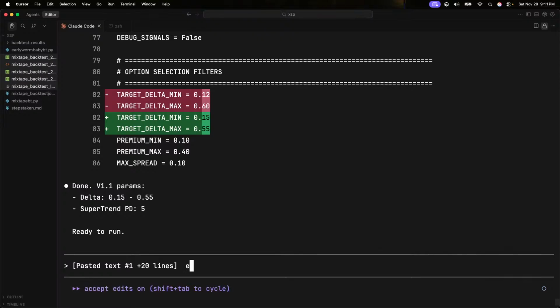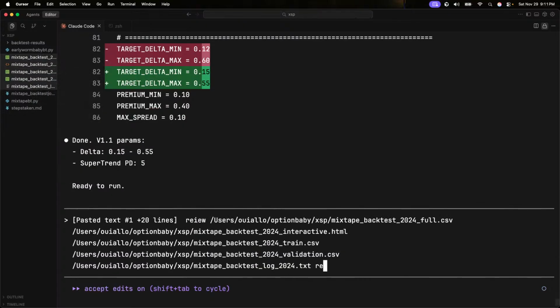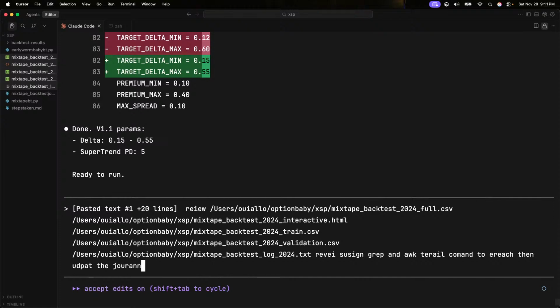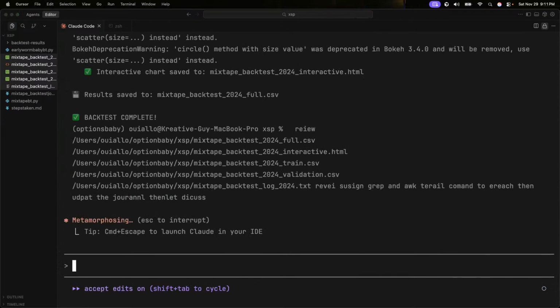Hold on, damn it. Review. Also, review using grep and awk terminal commands to search, then update the journal, then let's discuss. All right, beautiful. We're getting somewhere, man. We are getting somewhere with this strategy.